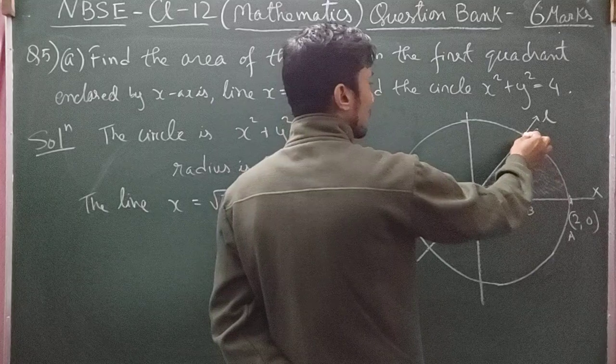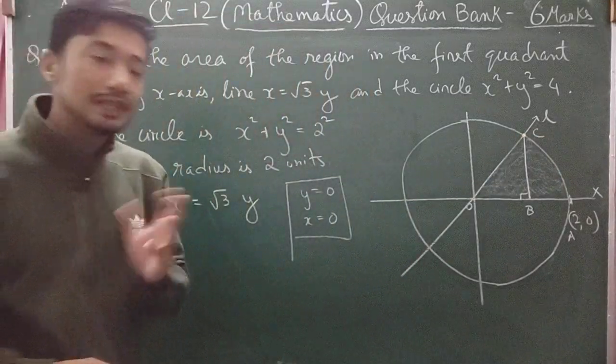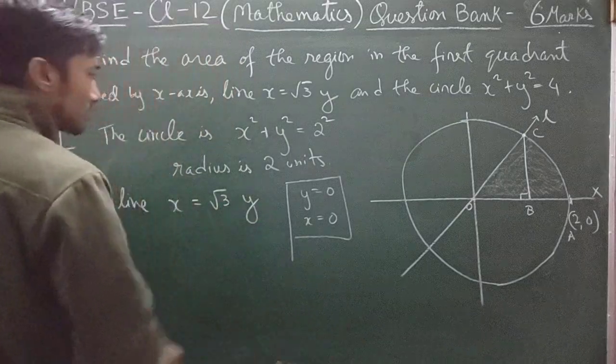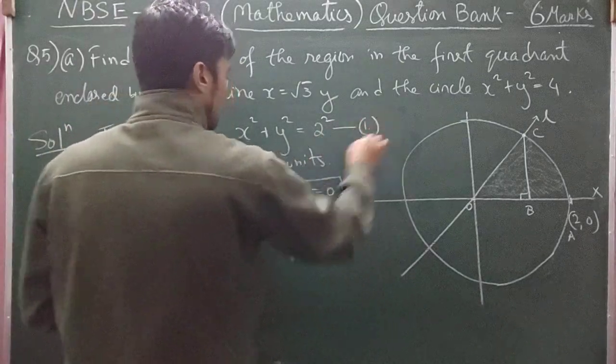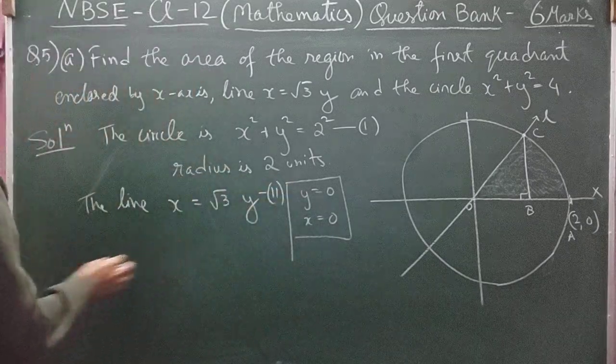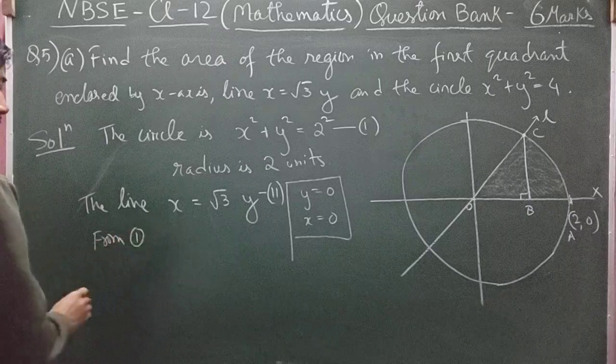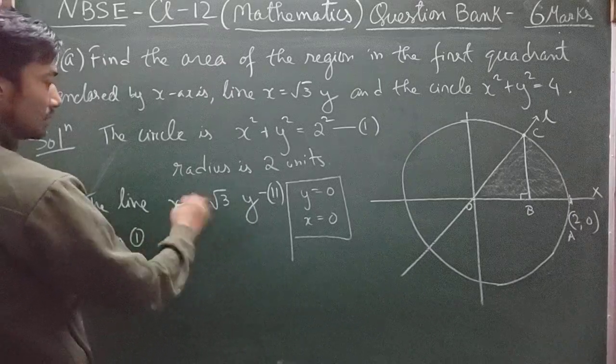First our job is to find the point of intersection where the circle and the line intersect each other. Let this be equation 1 and this be equation 2. From 1, instead of x, I'll use equation 2.